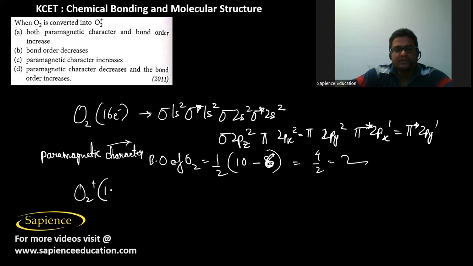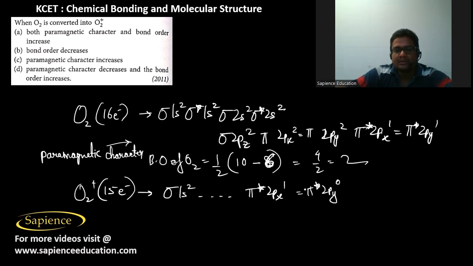And for O2 plus, it will have 15 electrons. And here I will go from sigma 1s2 to pi star 2px1 only, since for pi star 2py there will be no electron. So here the bond order of the O2 plus ion will be equal to half of the number of bonding electrons, that is 10, minus the number of anti-bonding electrons, that is 5.